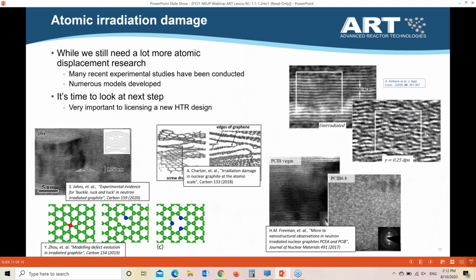We have done quite a bit of research on the atomic displacement and effects of irradiation, but there's still much more to be done. It's also important to look at the next step, and that's the crystallographic damage.